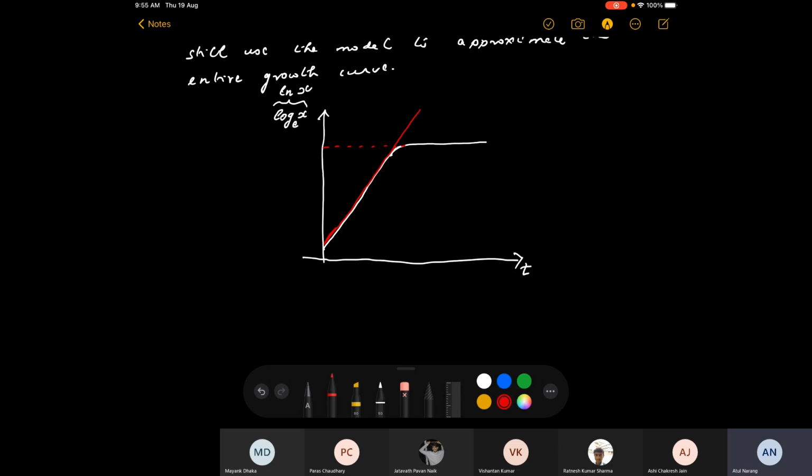This is what they call the maximum biomass concentration, which is attained during the stationary phase. What is this maximum biomass concentration?